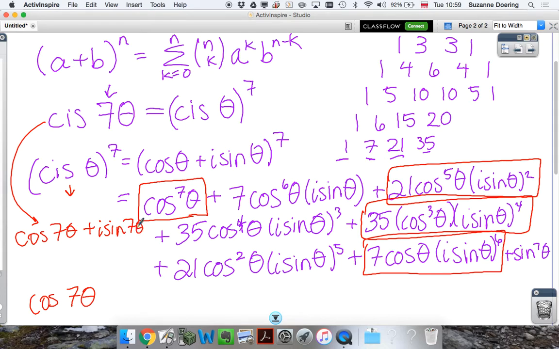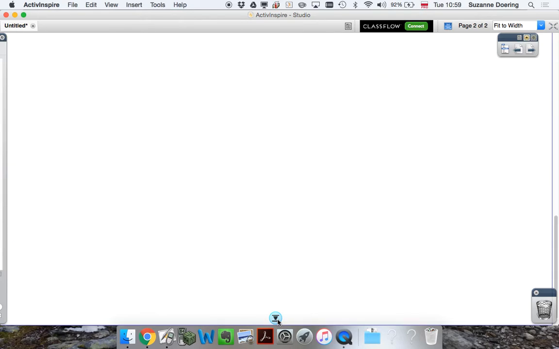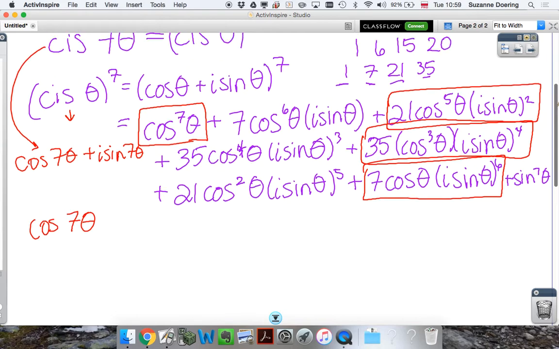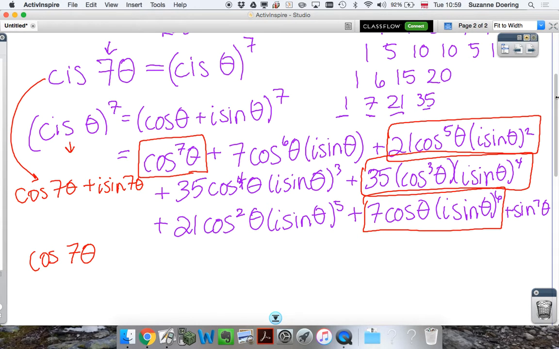So remember, a strategy we had way back before polar form was that when we were dealing with complex numbers, we can set the real parts equal to each other, and we can set the imaginary parts equal to each other when we have equal complex numbers. There's no way that we're going to get an imaginary number from a real number using just simple adding, subtracting, multiplying and dividing. Which means that my cosine then is just the sum of those 4 terms.